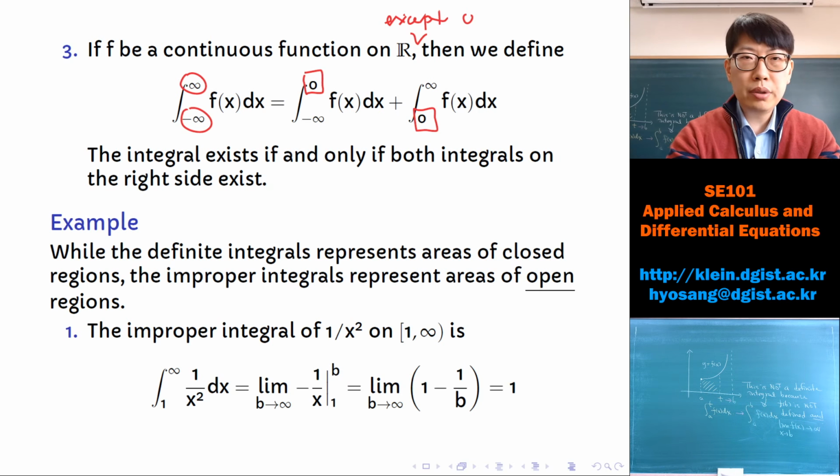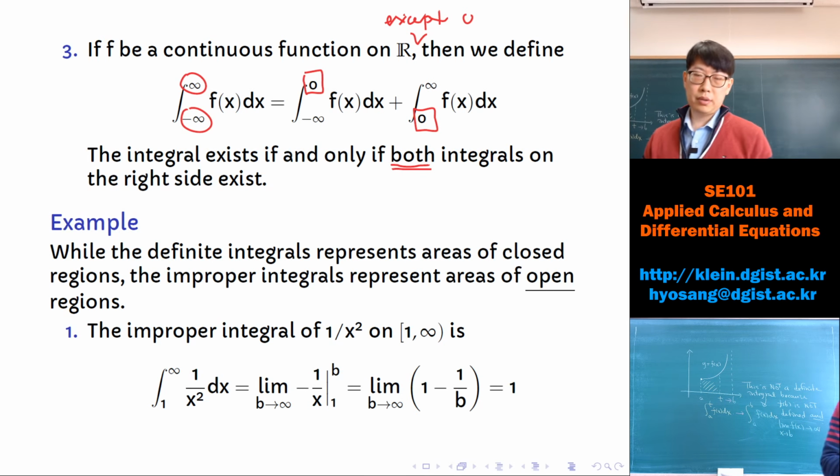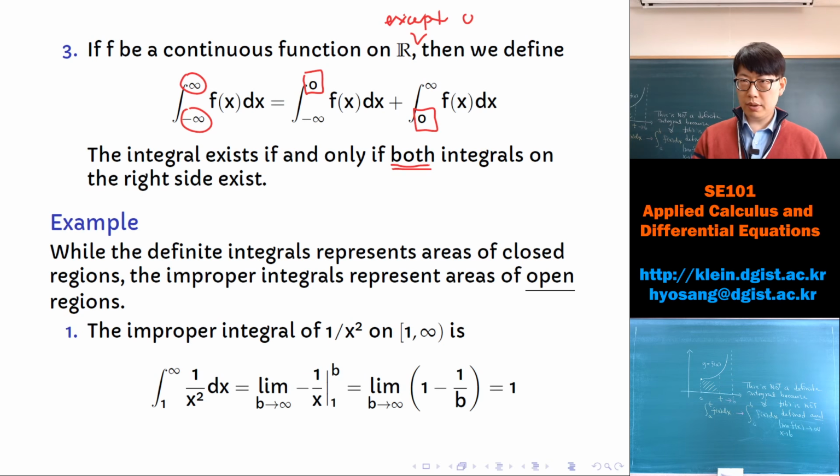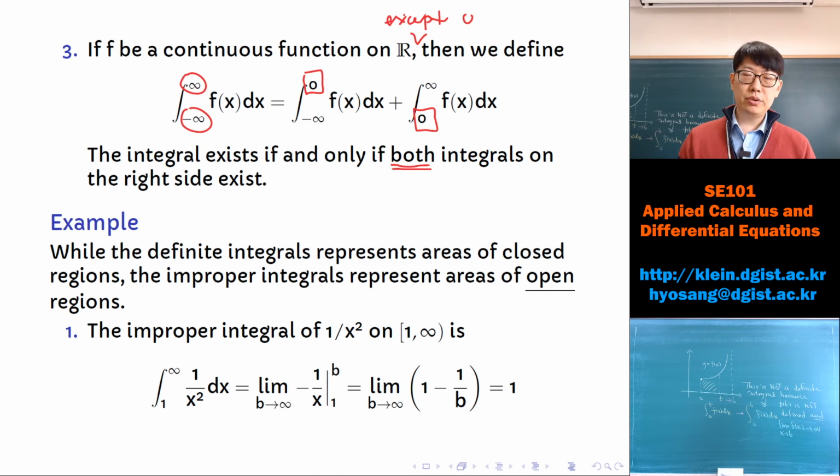So in order to define this type of integral, you should have both improper integrals exist. If one of the improper integrals diverges, then you say the total improper integral diverges and does not exist. So let me give an example here.